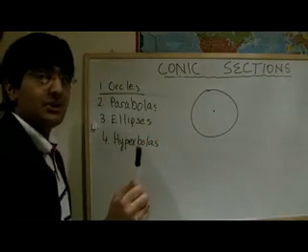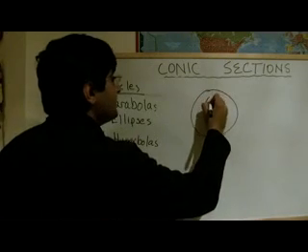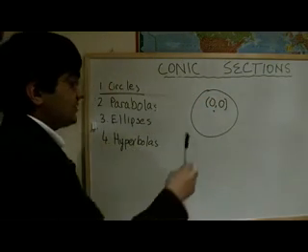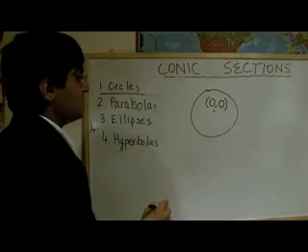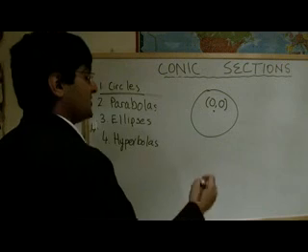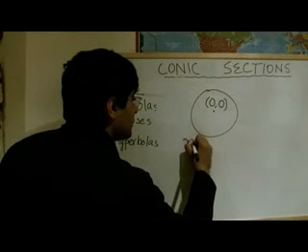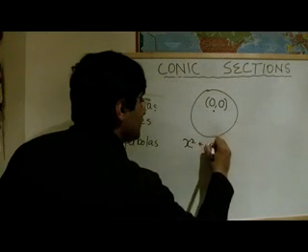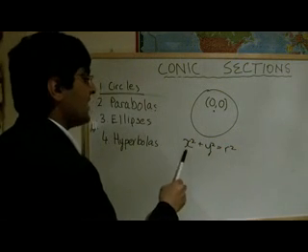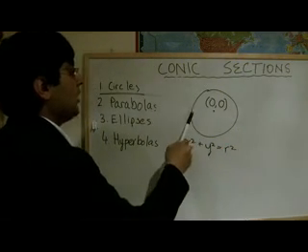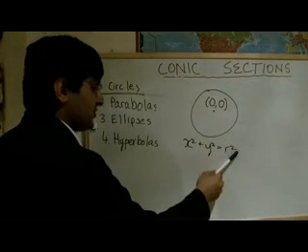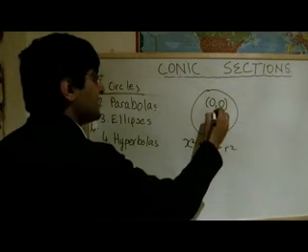The standard circle, as we know, has center 0, 0, the origin. The equation of the standard circle is x squared plus y squared equals r squared, where x and y are the x and y coordinates respectively of the points on the circle, and r squared refers to the square of the radius of the circle.